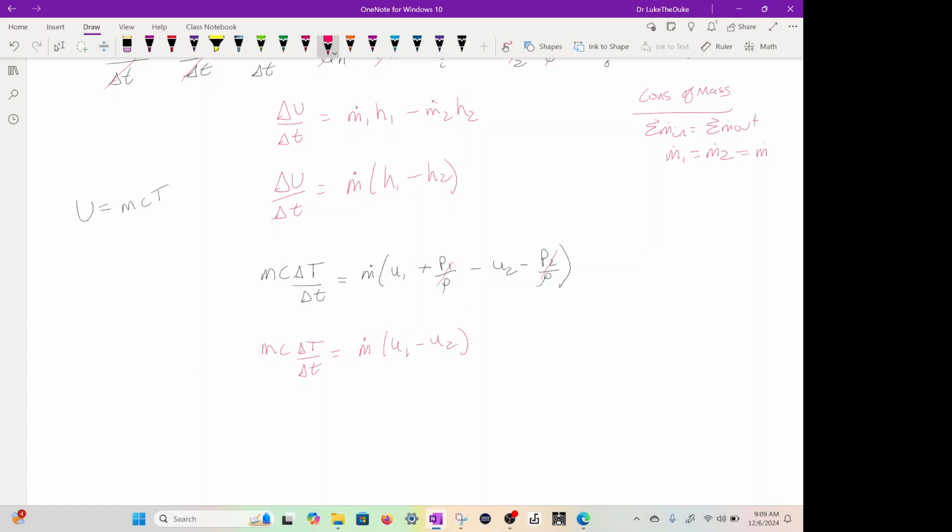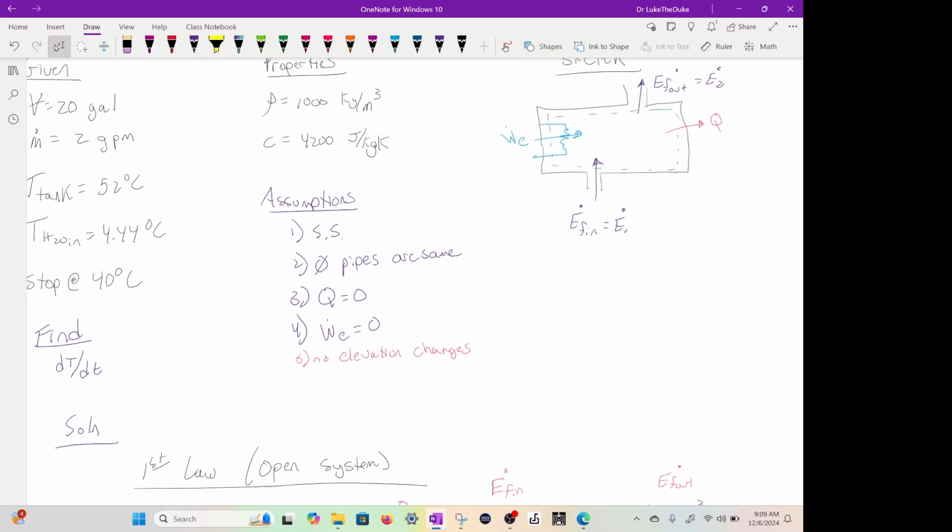So the pressure at 1 and 2 are the same. That's what we're assuming. We're just saying that the temperature difference between coming in and going out is going to be different because the water coming in is at 4.4. So T1 is 4.4 degrees C. This temperature right here is changing, and therefore this temperature out is also changing.